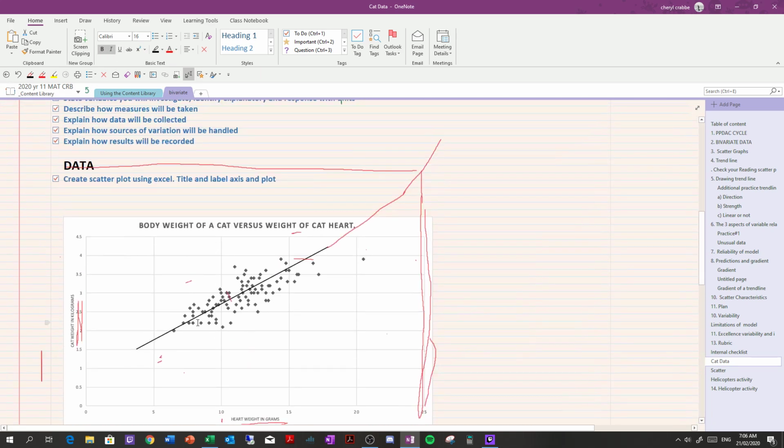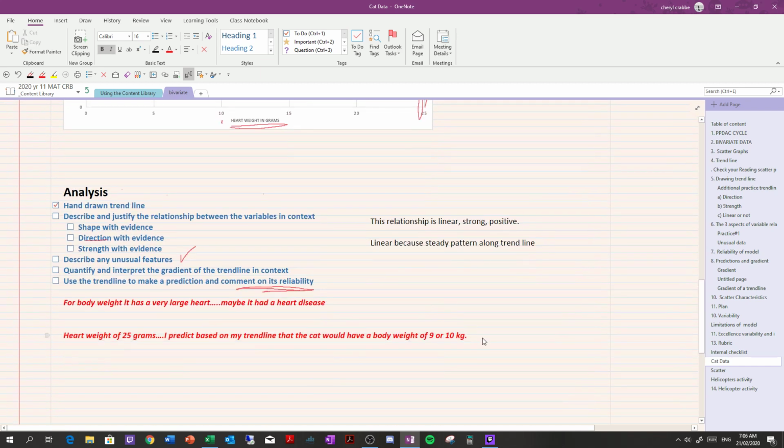And we know that there are limitations to our trend line, so I'm not very confident in that prediction, because it's outside the data, and cats generally are not going to be that big.